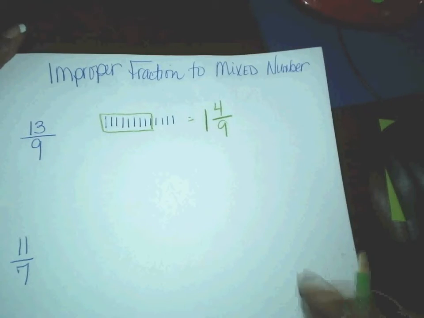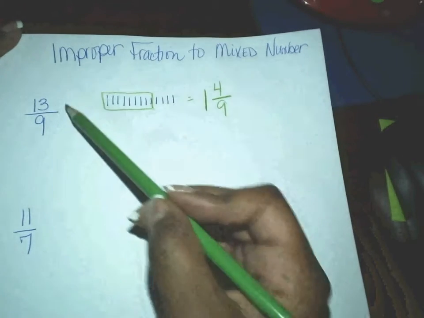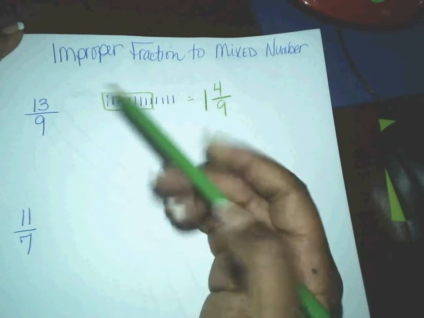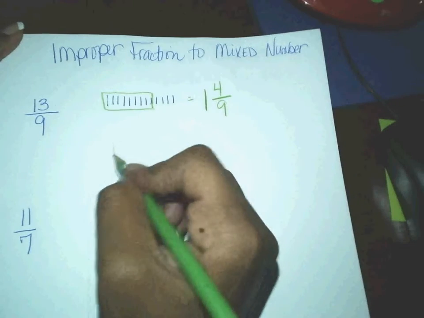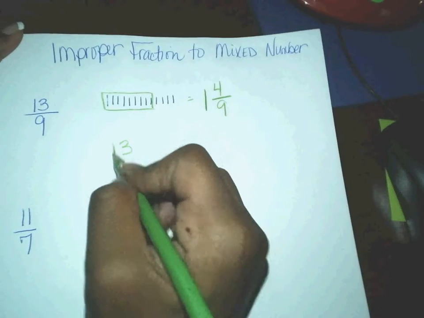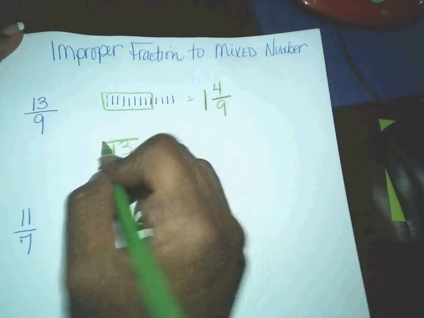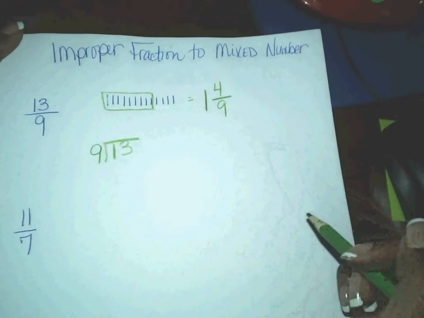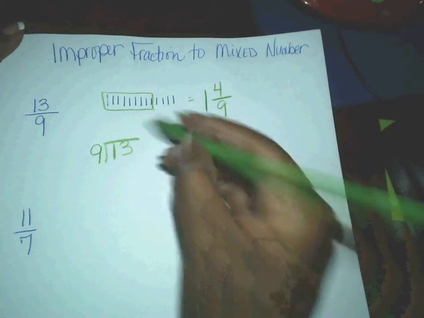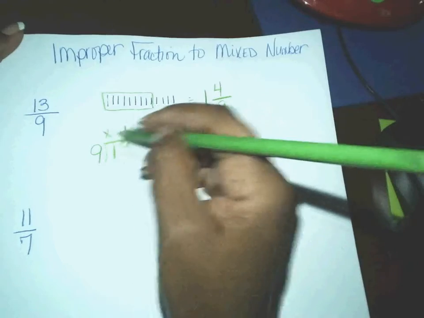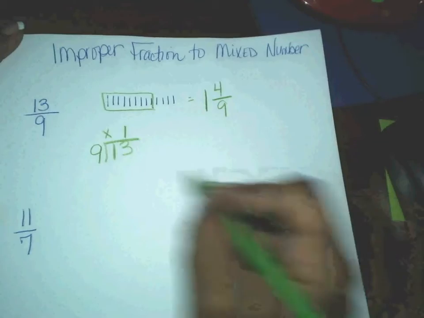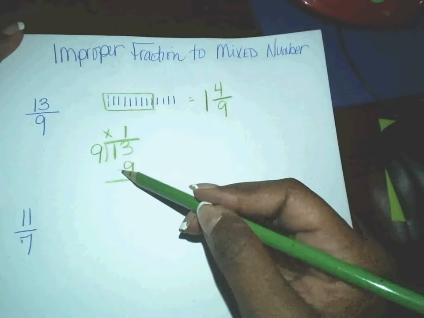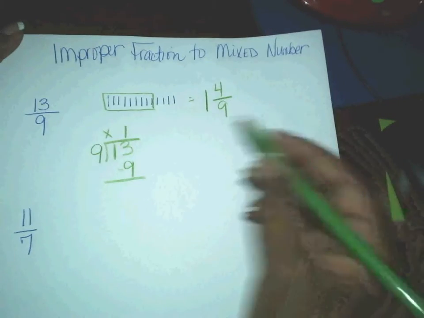Now let's try another way. The other way is 13 divided into groups of what? 9. So let's try 13 divided by 9. 9 goes into 13 how many times? 1 time. 1 times 9 is 9. 13 subtract 9 is 4.